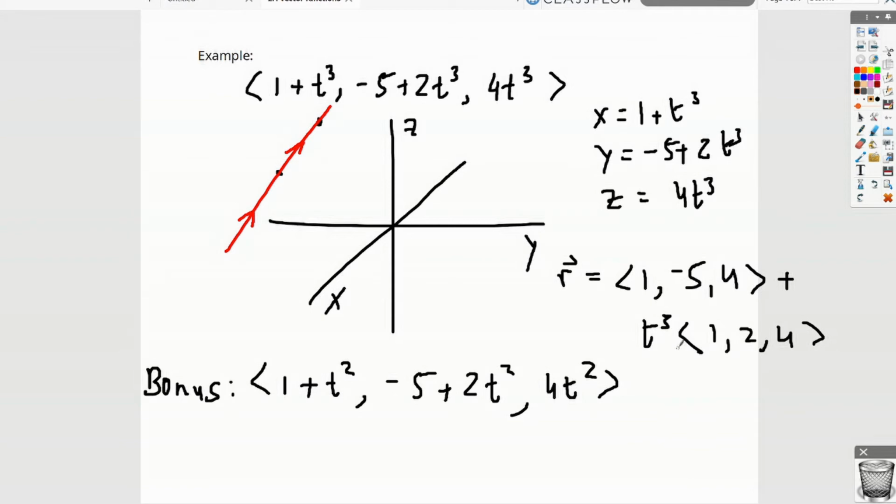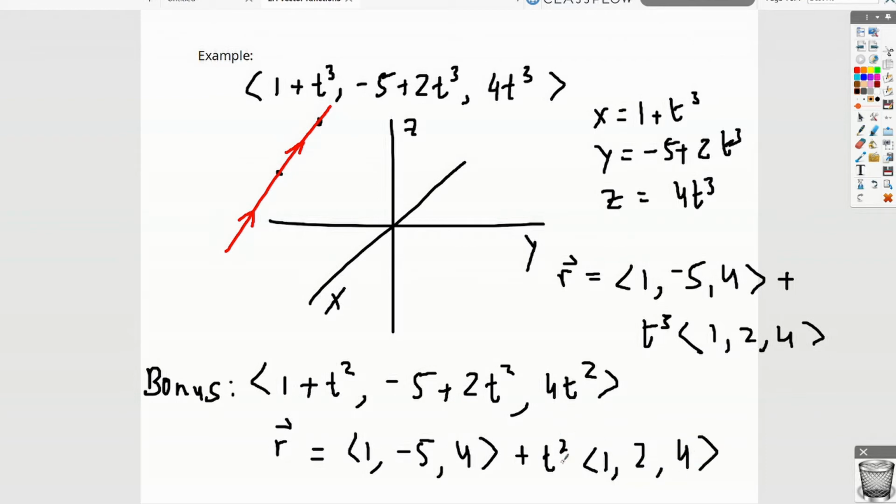So the t squared cannot be negative, is basically what I'm trying to say. So this will get you r is equal to 1, negative 5, and 4 plus t squared times 1, 2, and 4. You'll get the same function, but there's t squared, and t squared can never be negative.